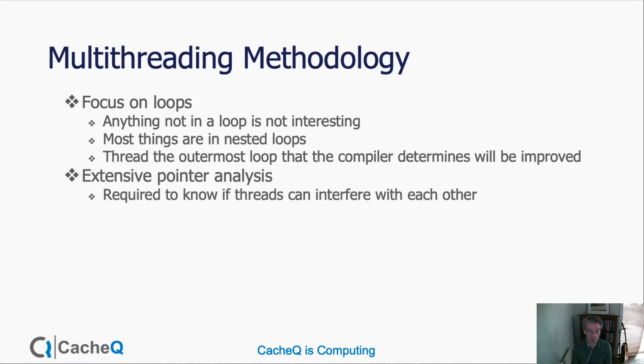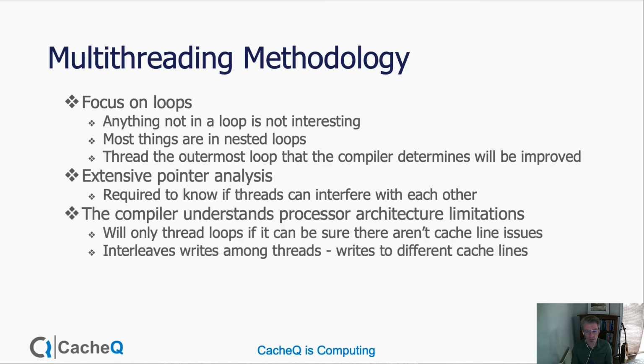We do extensive pointer analysis, and this is really required so that the tool can understand which threads might interfere with each other. And the compiler also really understands the processor architecture and its limitations, so it'll only thread loops if there aren't things like contention for cache line accesses.